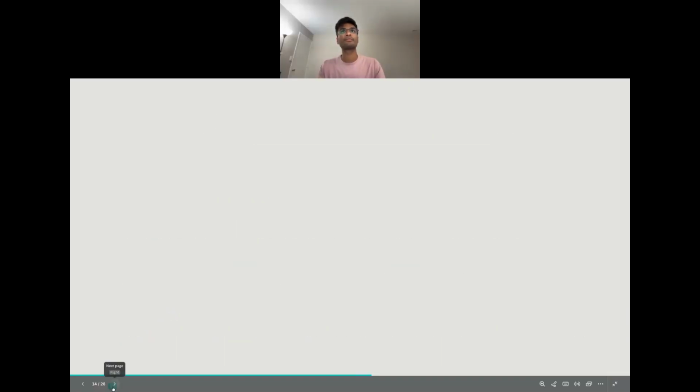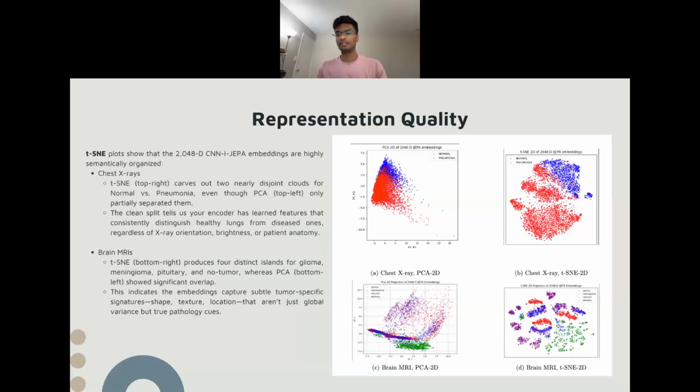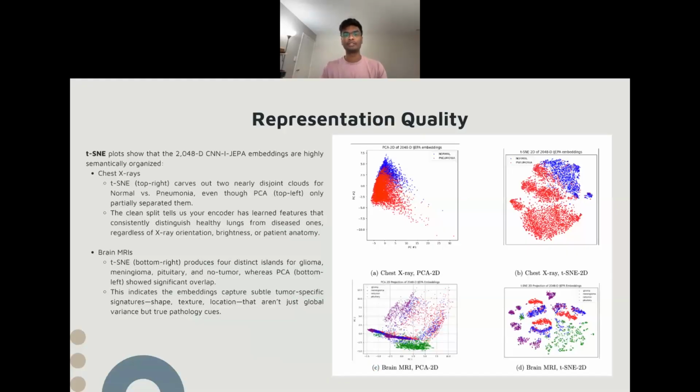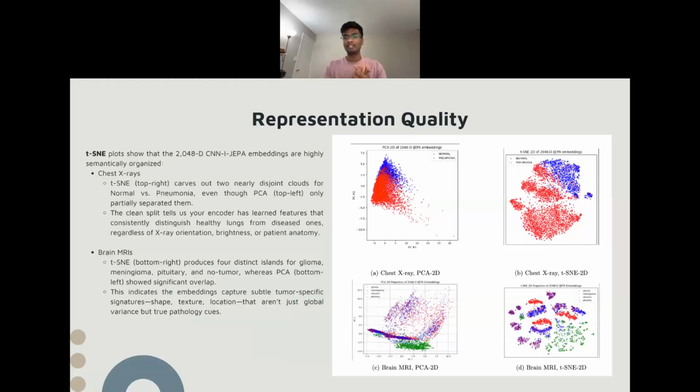So coming to the methodology, I will shortly tell you how we inject the embeddings into the layers. Before that, I would like to say something about the representation quality of these embeddings. Here I'm showing how the pre-trained I-JEPA embeddings look when projected to 2D space using PCA and t-SNE.